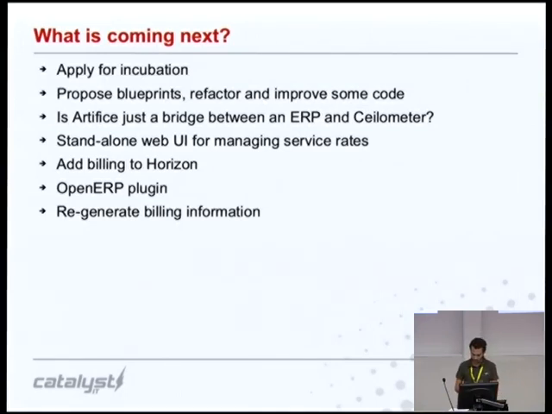We believe this is a sensible thing to do because billing is still a missing piece of the puzzle for many organizations using OpenStack. However, we are not planning to introduce Artifice as a fully formed project and just drop in the code there. We are planning to create the blueprints, engage with the community, understand what is required there. And then if we can reuse some of the code we have developed, great. If we have to rewrite the whole thing, that's also okay.